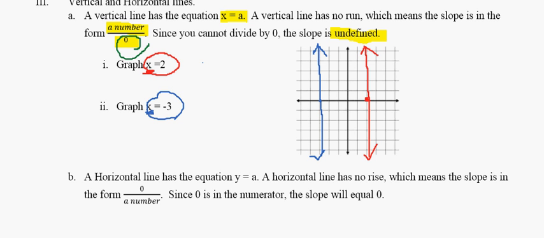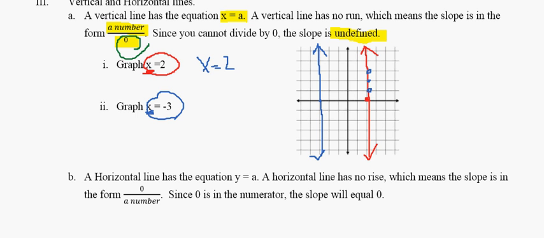Okay. The other way to remember this is that when you see the line x equals 2, that means x is always 2. y can be whatever it wants, but x has to be 2.